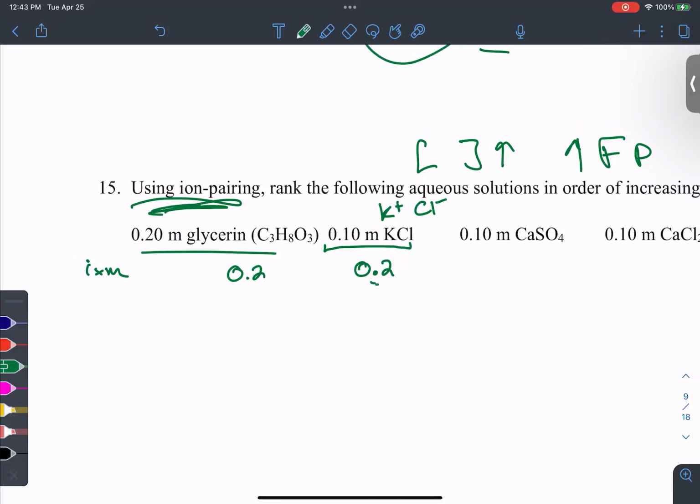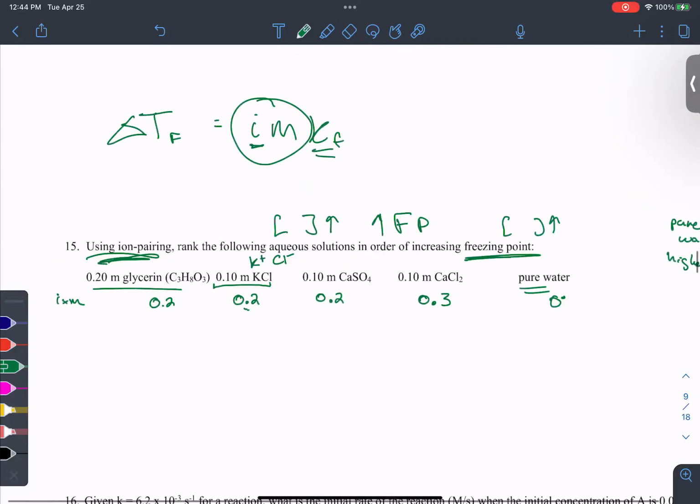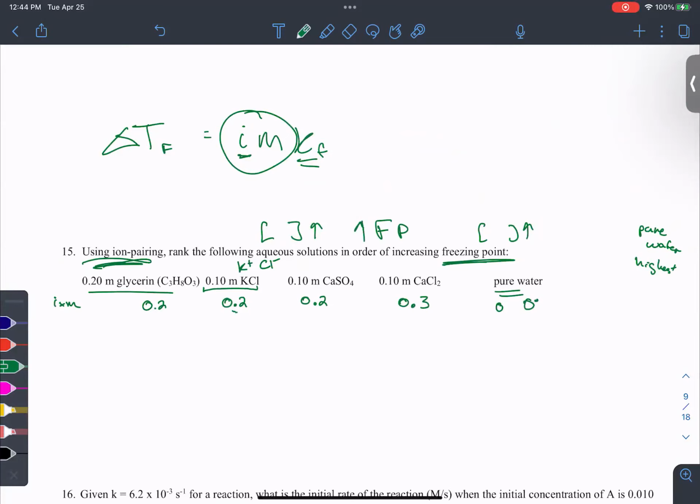Do you see the problem that's happening? Yes, okay, so what is the I times M for calcium sulfate? Also 0.2. What about calcium chloride? 0.3, oh, thank goodness. At least one is different, okay. And then I times M for pure water is 0, so there's no freezing point depression.